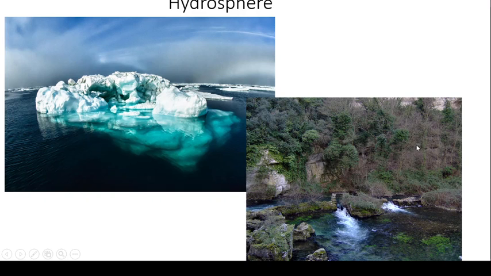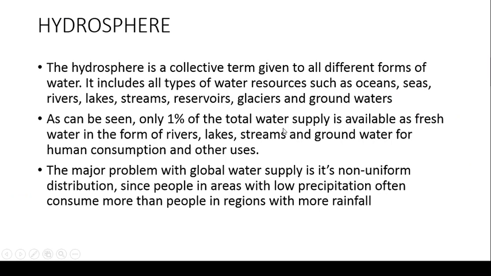Next is the hydrosphere, that means all water bodies, or water that is present in all forms, that is inland water bodies, oceans, and the glaciers at the poles, covering all the hydrosphere on the earth. So hydrosphere is a collective term given to all forms of water on the earth.